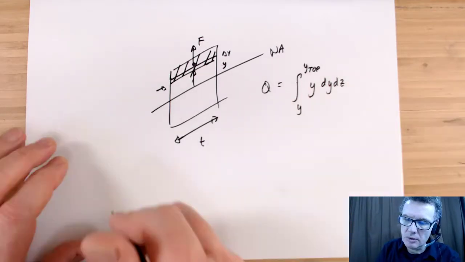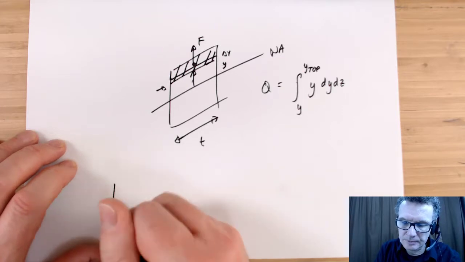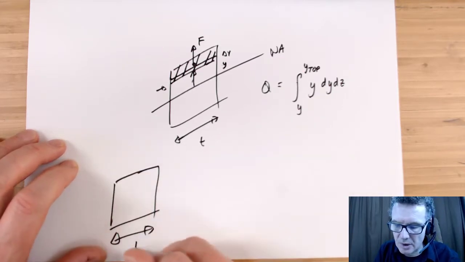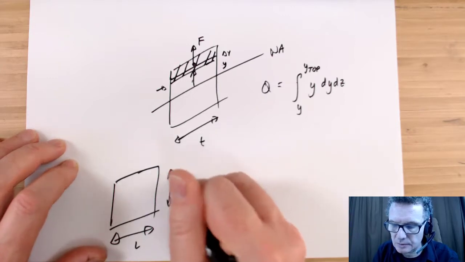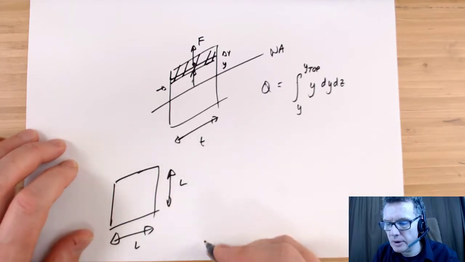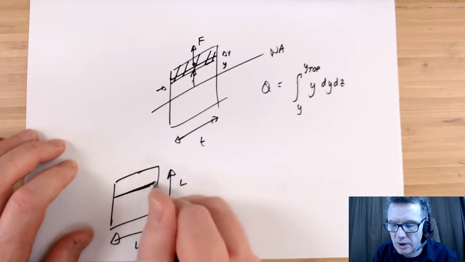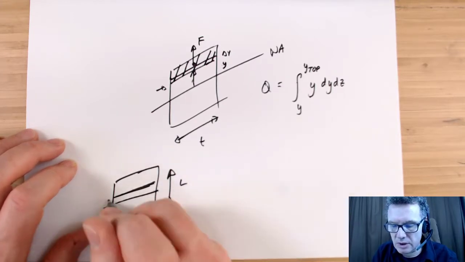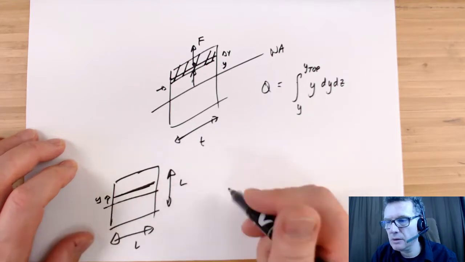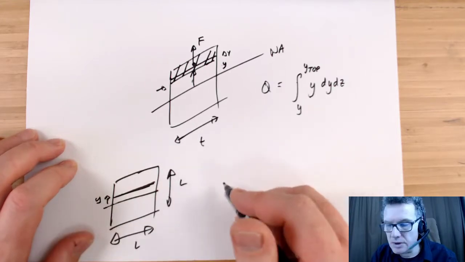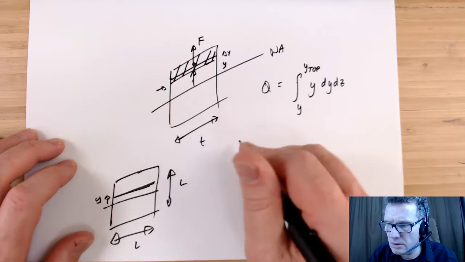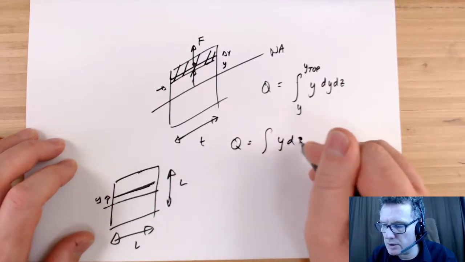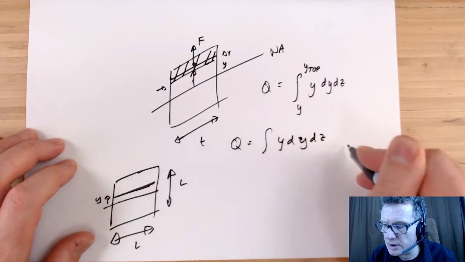Let's do an example for a square. So we've got a square, L, like that. If I want you to know what the shear stress is at this location y, the first thing I'd do is find my Q. So integrate y by delta y, delta z.